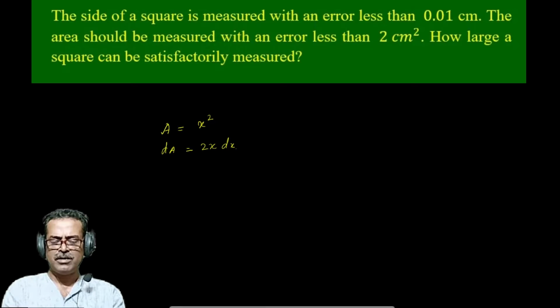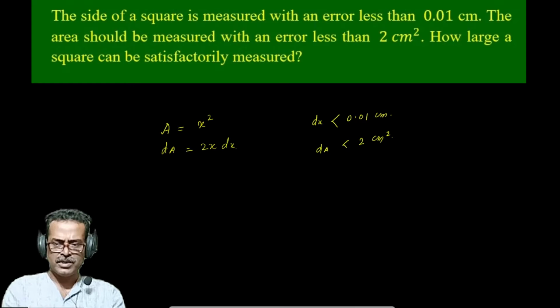So the error dx is less than 0.01 centimeter and dA less than 2 centimeter square.